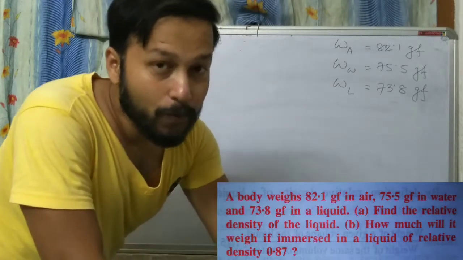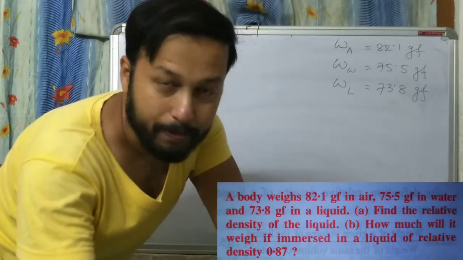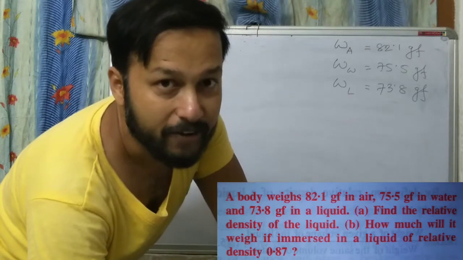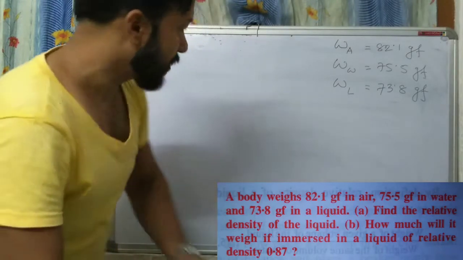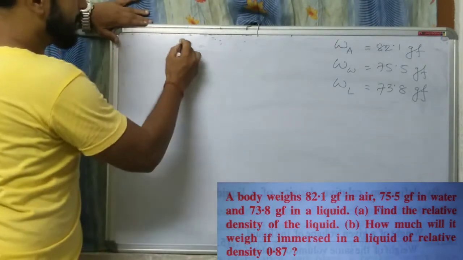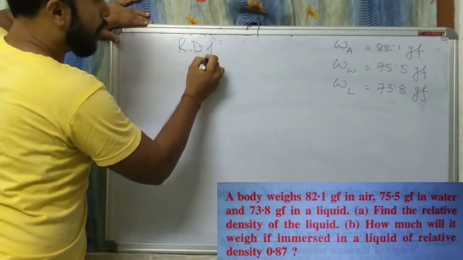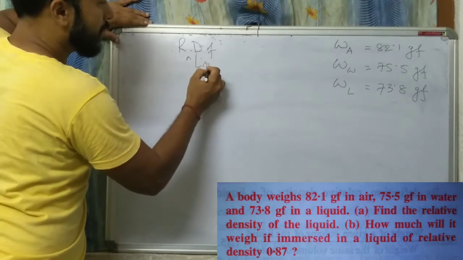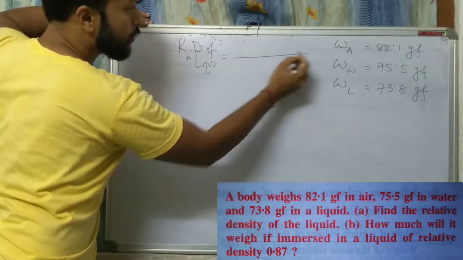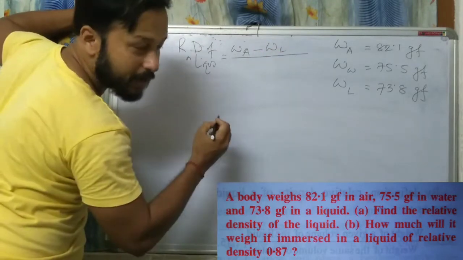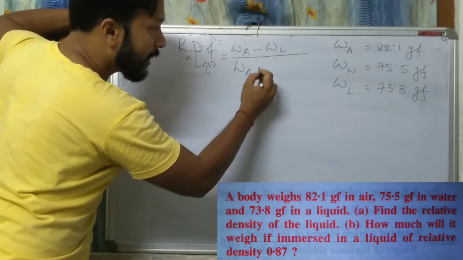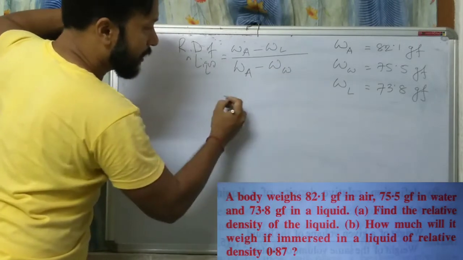We know the formula. Already we discussed in our previous video how to find the relative density of a liquid. What was that formula? Relative density of a liquid equals weight in air minus weight in liquid, divided by weight in air minus weight in water.